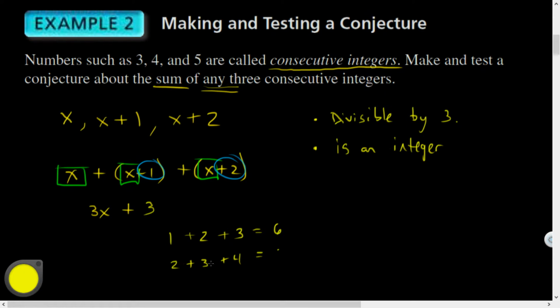So this was equal to 9, and then 3 plus 4. And so our goal is to describe any 3 consecutive, but starting with actual numbers isn't a bad idea in case you can recognize a pattern. So this would have been 12. And so you recognized that this number is what? The sum of, or sorry, something about the middle number?